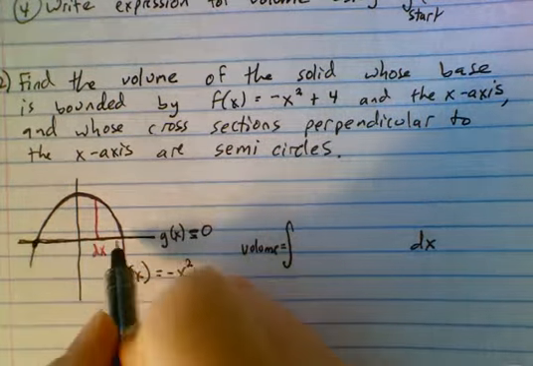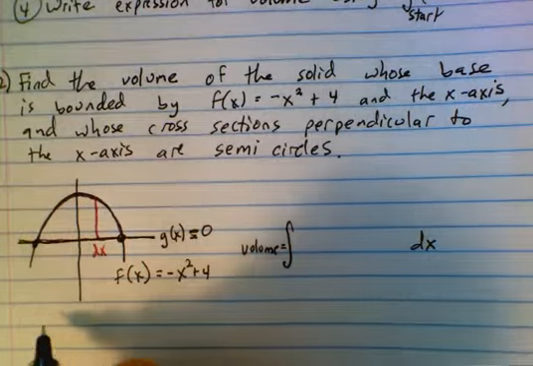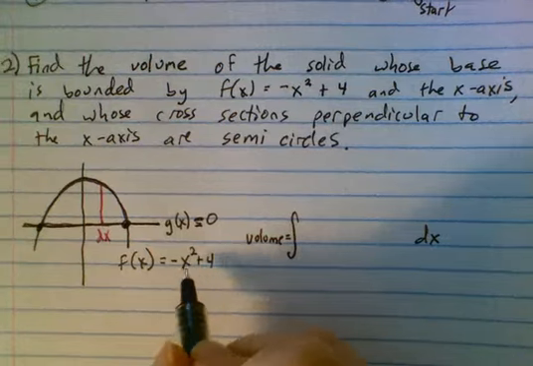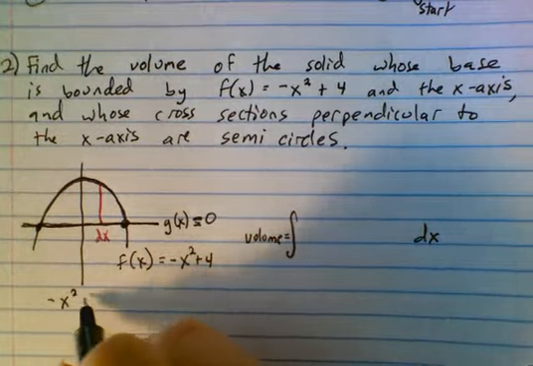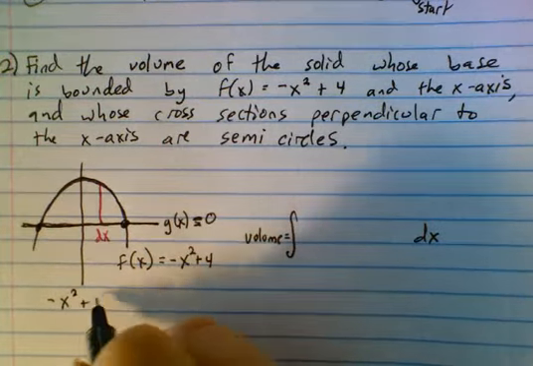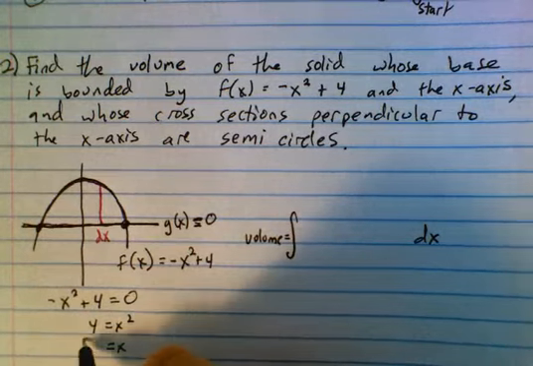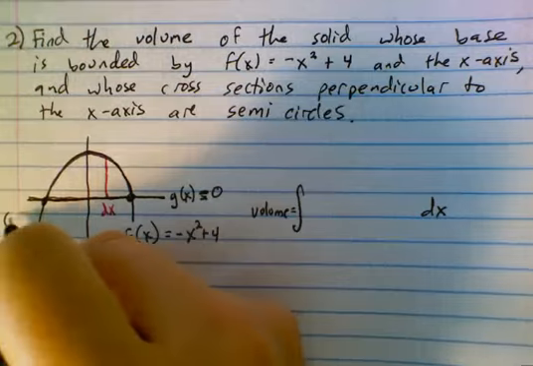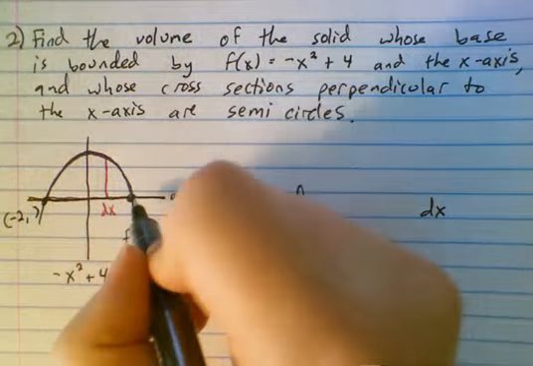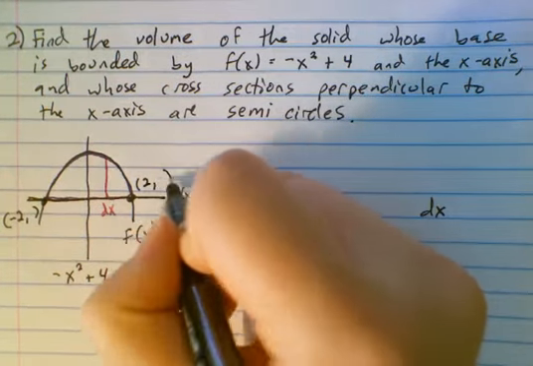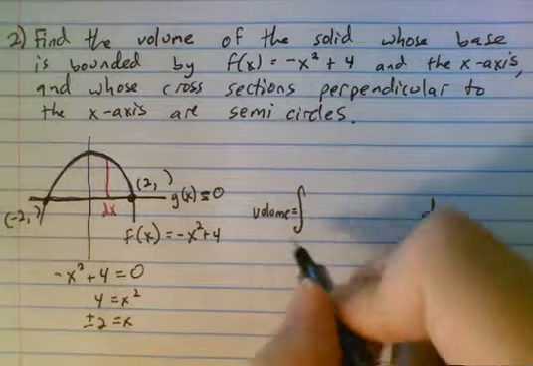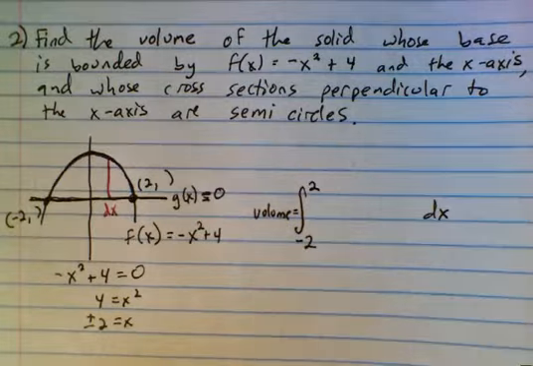And I'm still going to find my starting x and my ending x, so I can find those bounds by setting this and this equal to each other. So this has an x value of negative 2, this has an x value of positive 2. So my bounds are from negative 2 to 2.